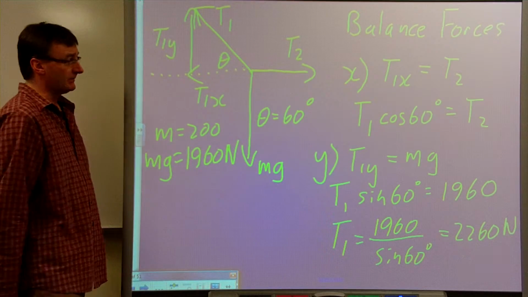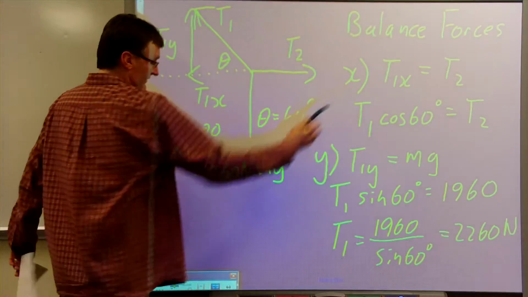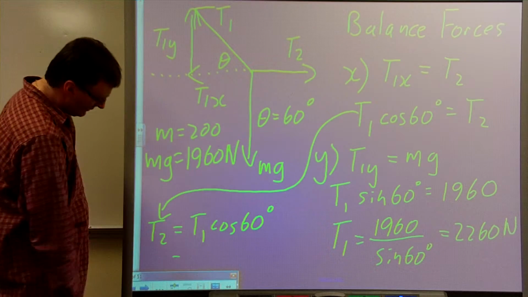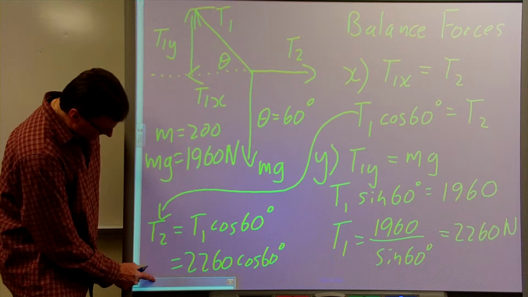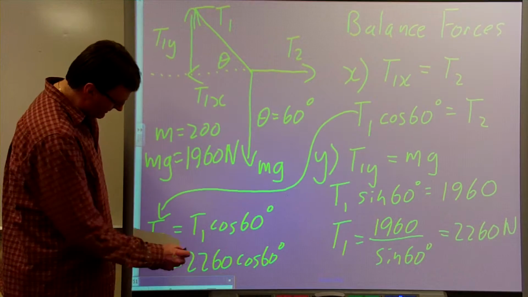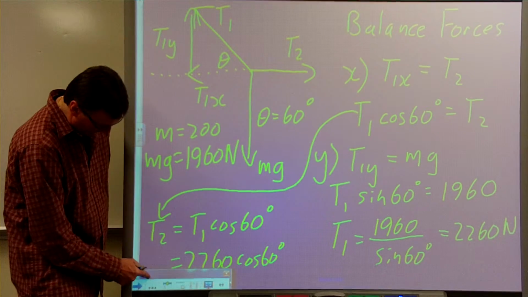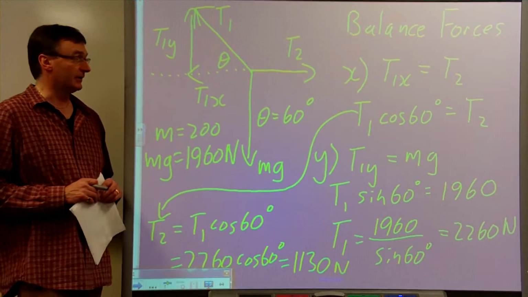So there's T1. Now to get T2, we can go back to this one here, and it's an easy exercise to find T2. T2 has to equal T1 cos 60 degrees. That would be 2,260 times cos 60, and that equals 1,130 newtons.